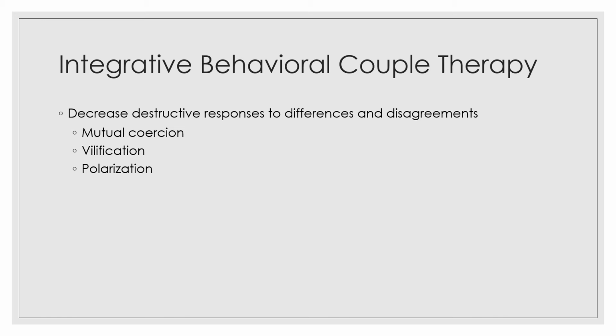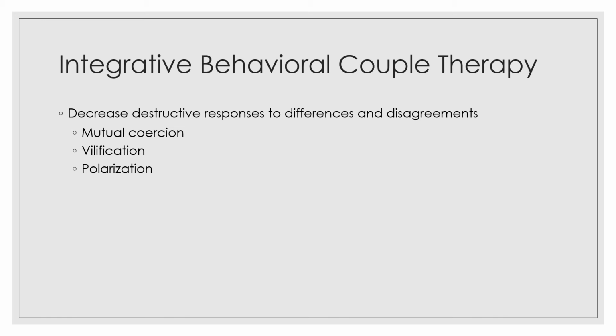The second concept is vilification. This is where one partner sees the other one as the villain or vilified. They feel justified in their efforts to change the other person because the other person is the problem. Not looking at the couple as a whole.